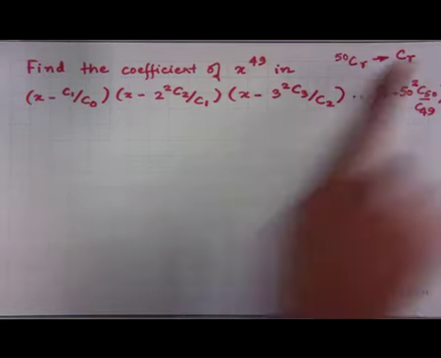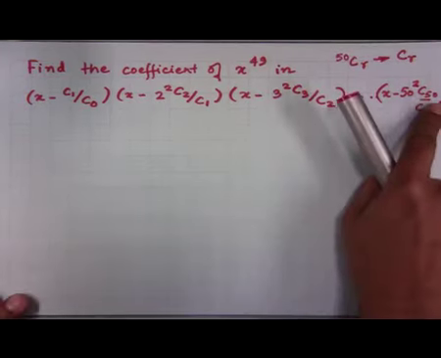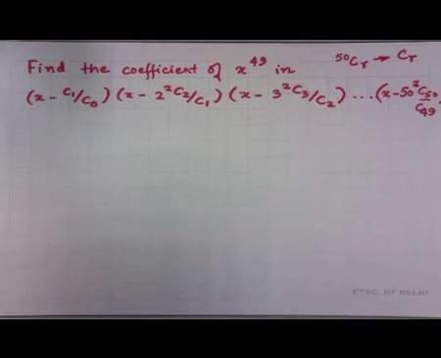This is the abbreviation, so contextually you can figure it out. C 50 is the last term, so it has got to be 50 C 50. So, this is your question.